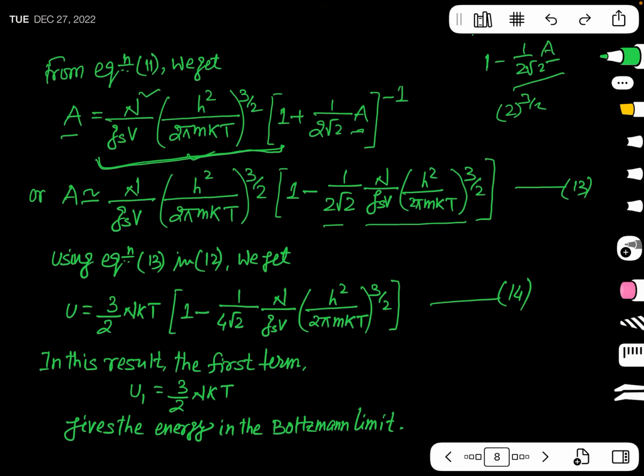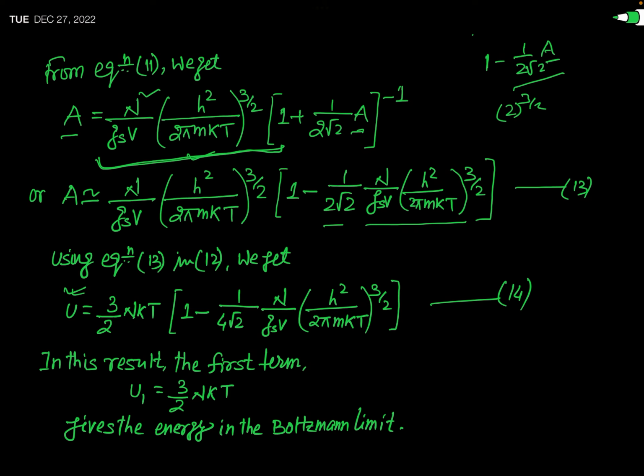And you can check it. I have not done the complete algebra, but you can do it. Doing all the algebra, you will find that u is equal to 3 by 2 nkt into 1 minus 1 over 4 root 2 n by gs into v times h square by 2 pi mkt to the power 3 by 2.